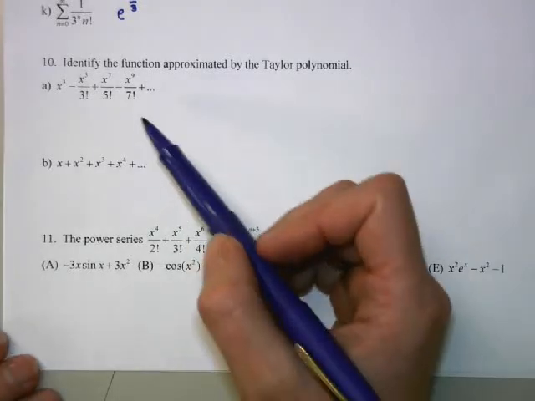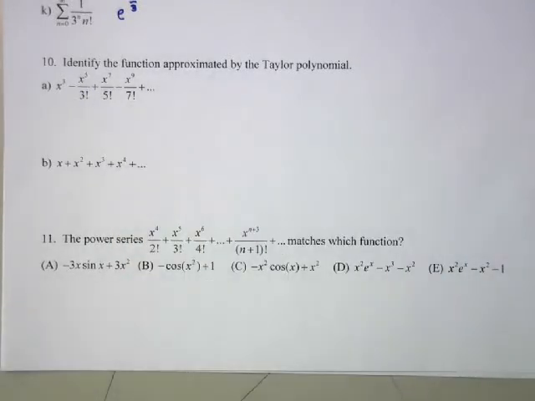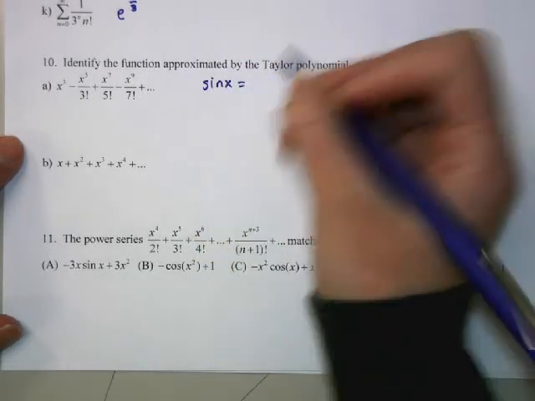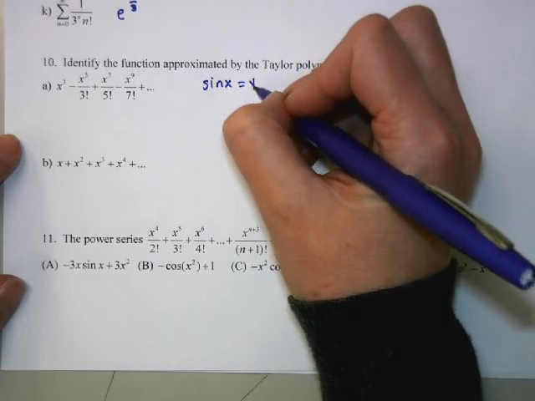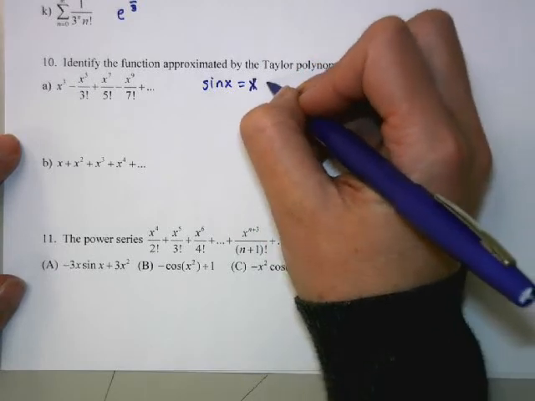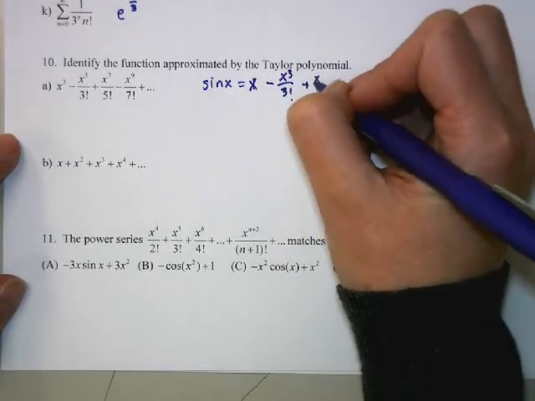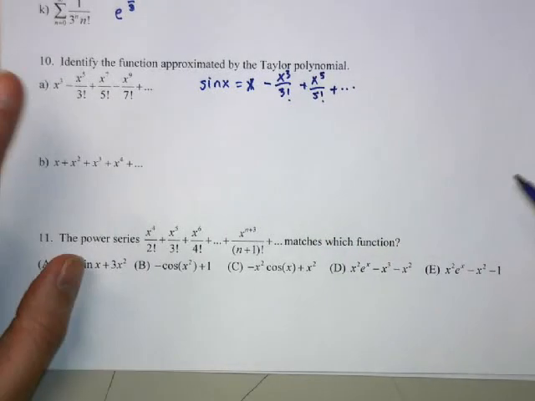Right, so what function is approximated? So this is sort of like sine of x. Sine of x is equal to x, all the odds, minus x cubed over 3 factorial plus x to the 5th over 5 factorial, and so on.